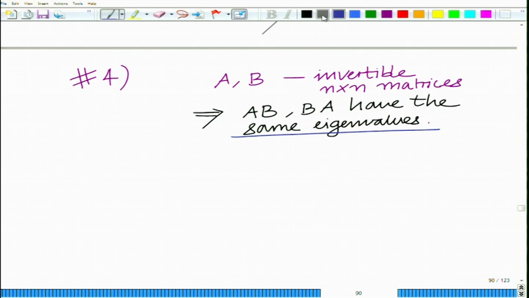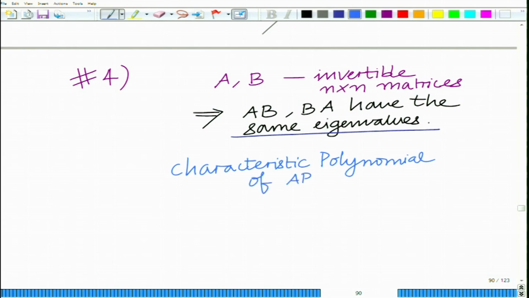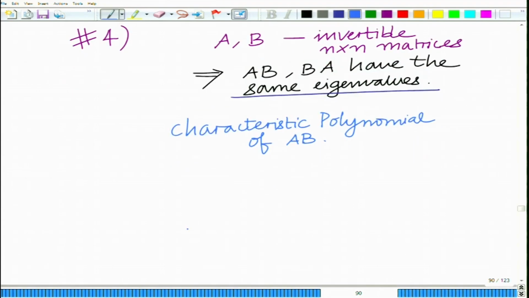Well, we start with the characteristic polynomial. Remember, to compute the eigenvalues of any matrix, in this case the eigenvalues of the matrix AB, we will start with the characteristic polynomial of AB, that is obtained by looking at the determinant of AB minus lambda I. Remember, the eigenvalues are computed as the roots of the characteristic polynomial.